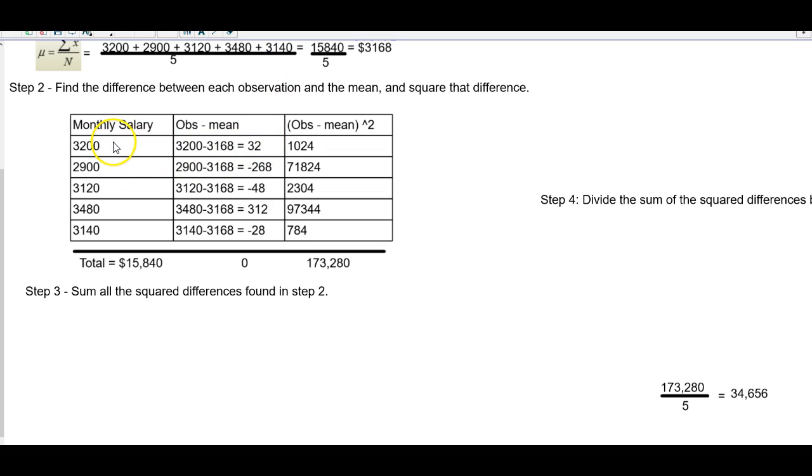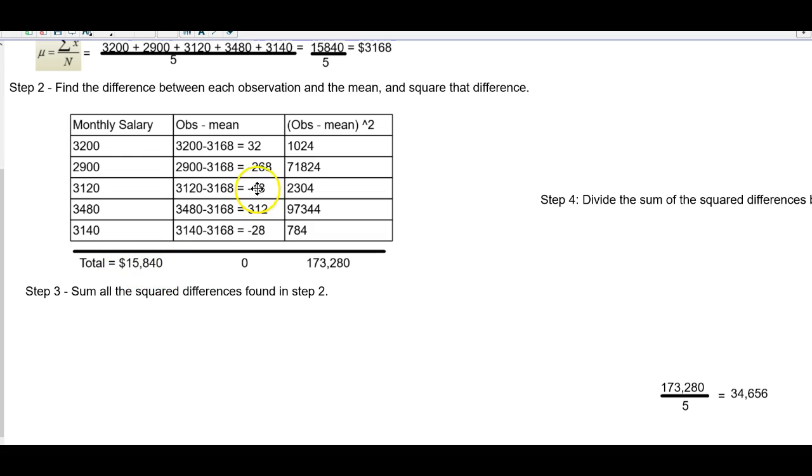I always do this. I add up the monthly salaries. I know from calculating the mean up here that when I total all of these, it should be 15,840. So I double check my work down here to make sure I've entered my data in correctly. And I did, I got 15,840.